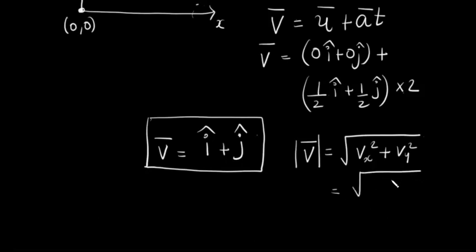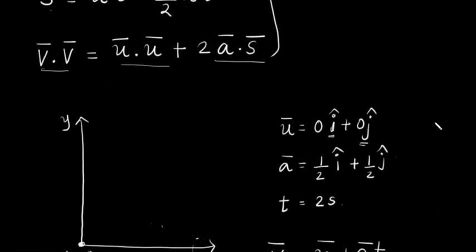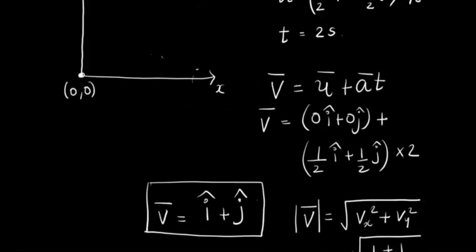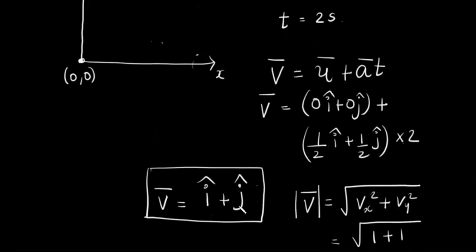So this will be square root of 1 plus 1, which is square root of 2 meter per second, or whatever unit. I have not initially taken any unit, so let me take the acceleration as meter per second square, and then this is meter per second. So we are getting the final velocity to be root 2 meter per second in magnitude, and the direction is i cap plus j cap. Along with the direction, this is the final velocity vector.